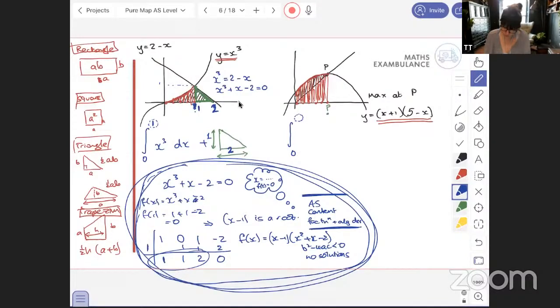And the curve equation that I'm going to is x plus 1, x 5 minus x. Now, that's obviously not the area I was asked for, but look, here is a right angle triangle. So if I take that off, then I'll get the area I want.